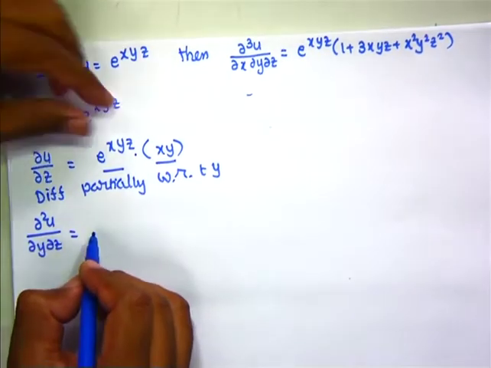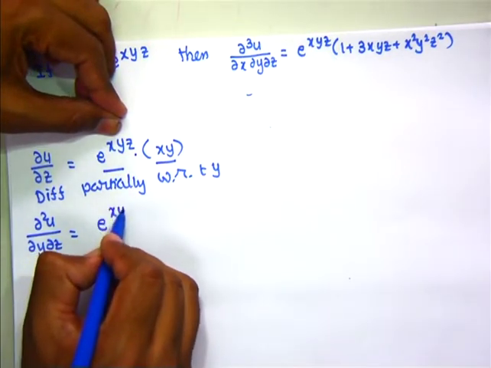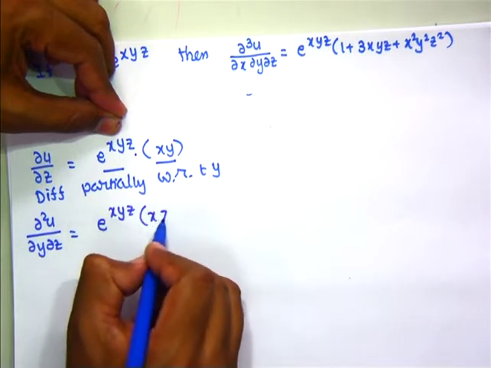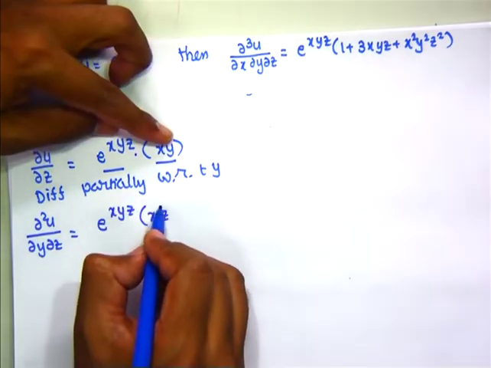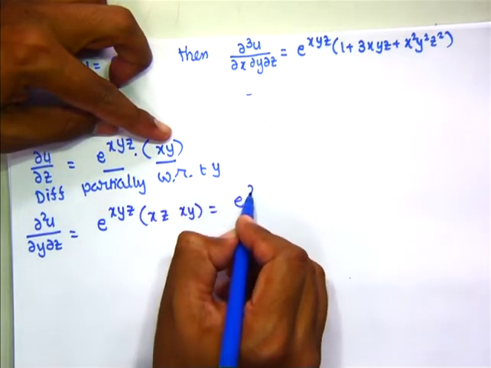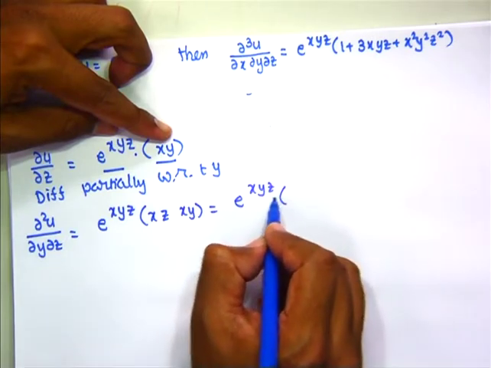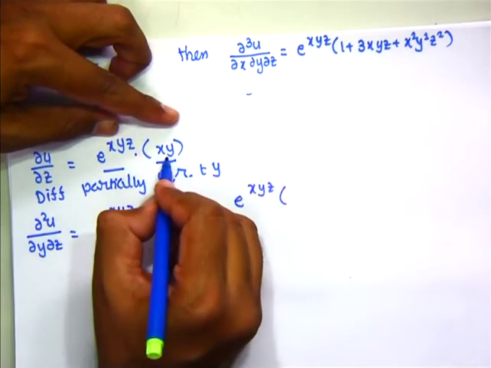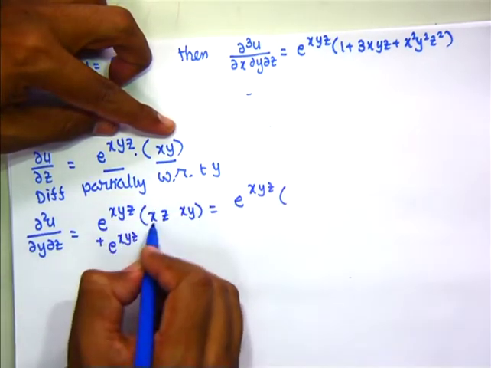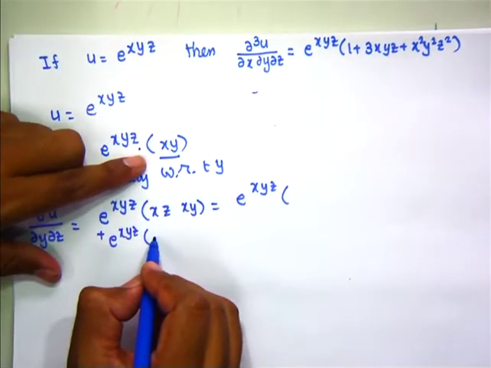So derivative of e to the power x y z is e to the power x y z into xz, and this xy is there, so we can write e to the power x y z into, okay, we have to differentiate this with respect to y also, so e raised to x y z plus this e to the power x y z into x.